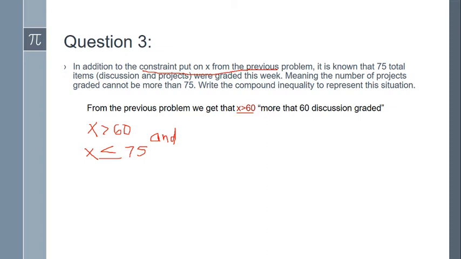So then the question asks you to graph that. We'll talk about graphing that next, but this is not the only way that we could write this inequality.